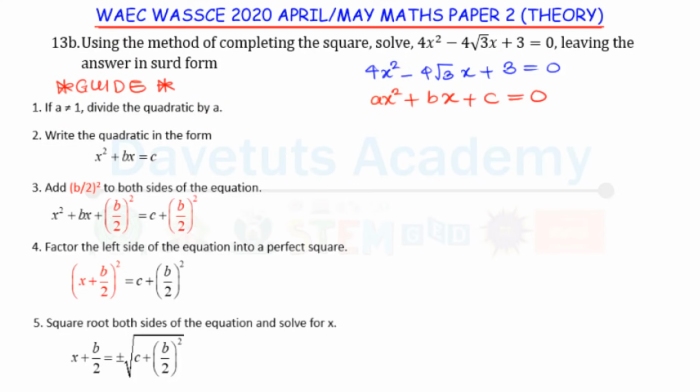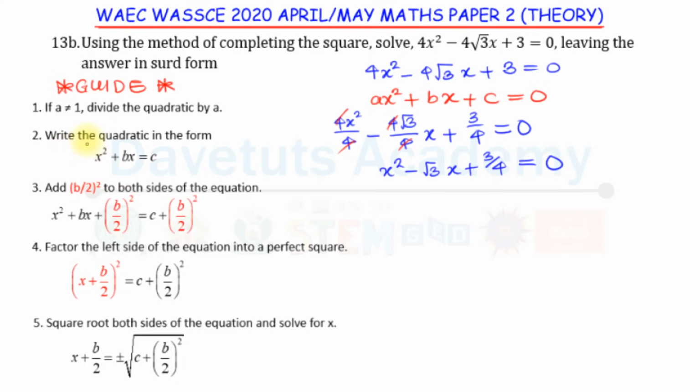So in this case, we divide by 4 to get 4x squared over 4 minus 4 root 3 over 4x plus 3 over 4 equals 0. Here, 4 cancels 4, and this 4 also cancels this 4, and we now have x squared minus root 3x plus 3 over 4 is equal to 0.